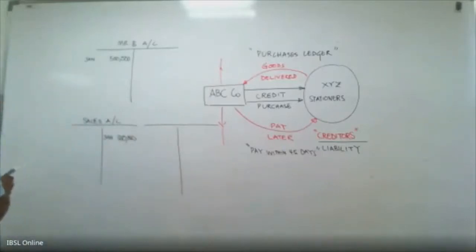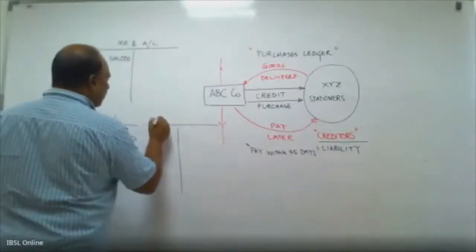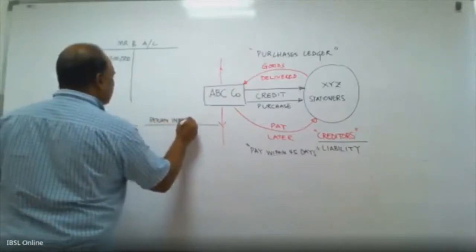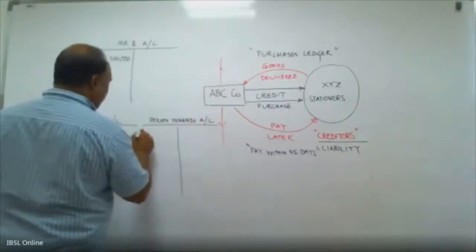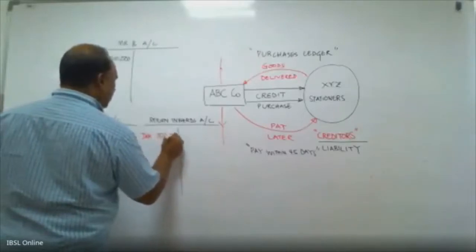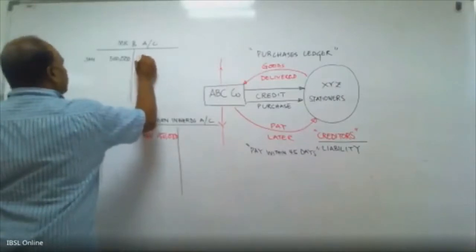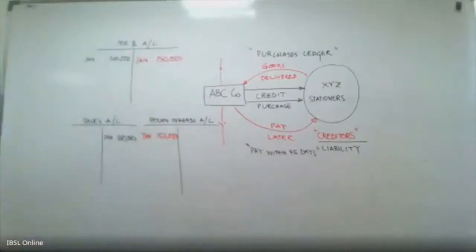Now the customer came and returned 150,000, so I debited an account called return inwards account for January, 150,000. I debited here and credited here. Okay, that is in the return inward daybook.